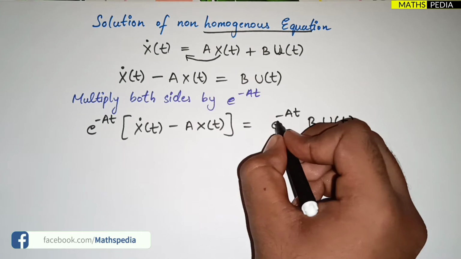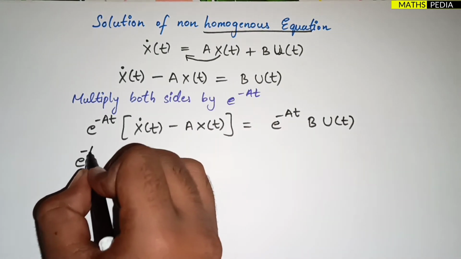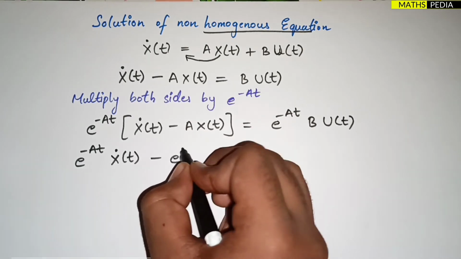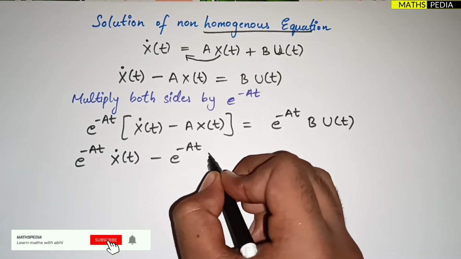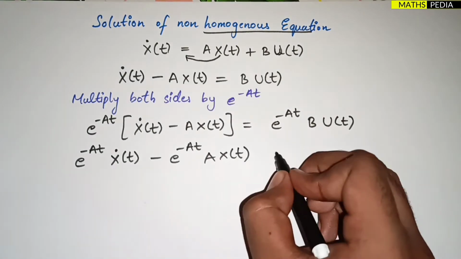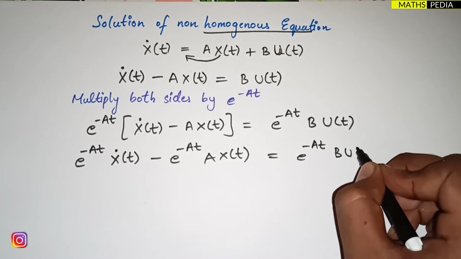Okay, now when I open the bracket, it will become e power minus At into x dot of t minus e power minus At into A into x of t equals e power minus At B u of t.